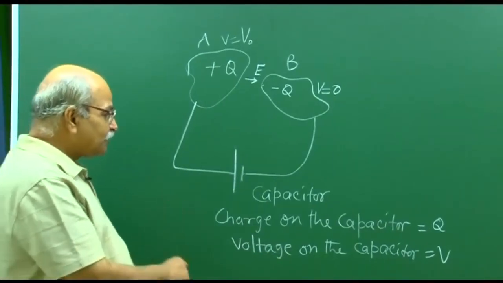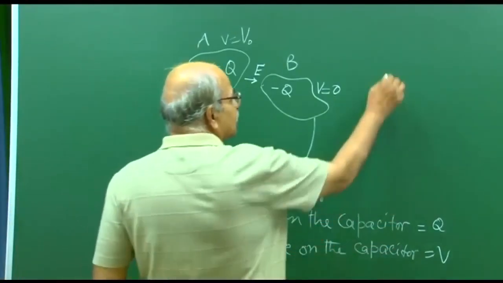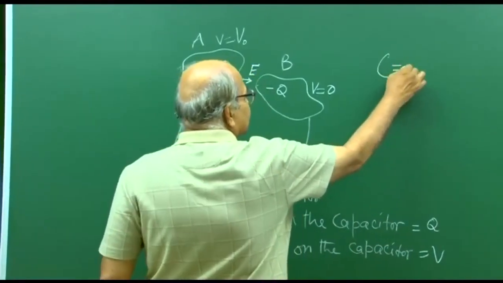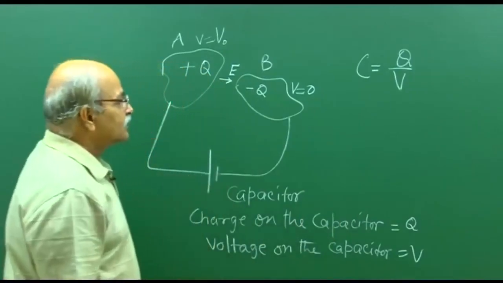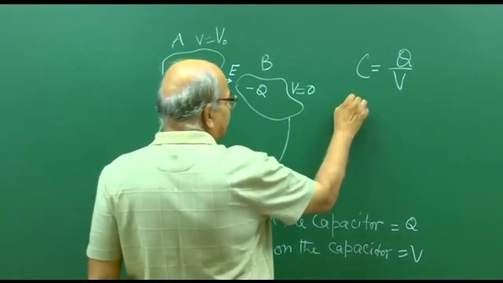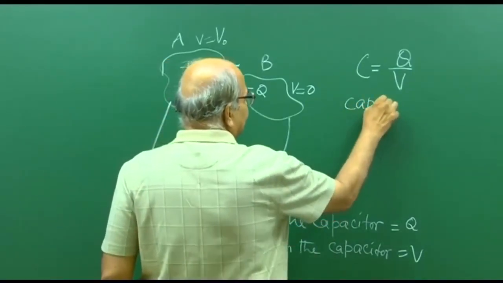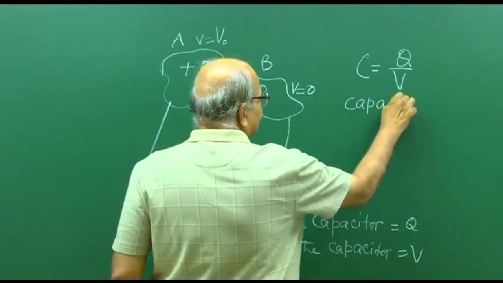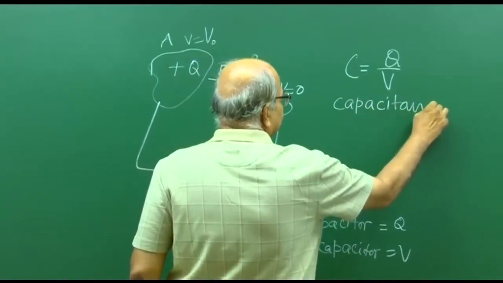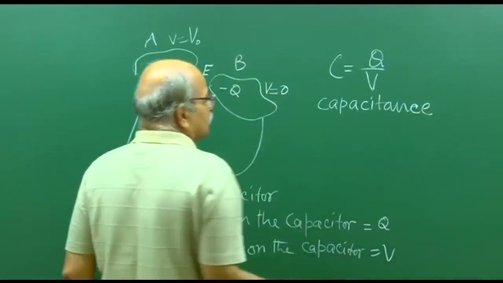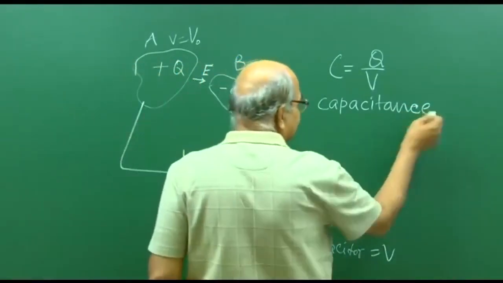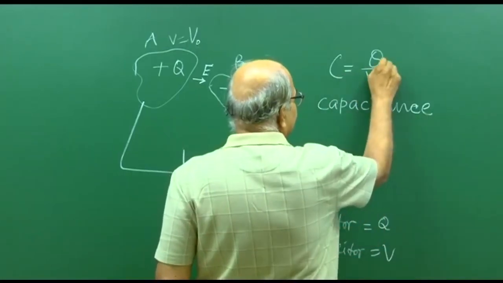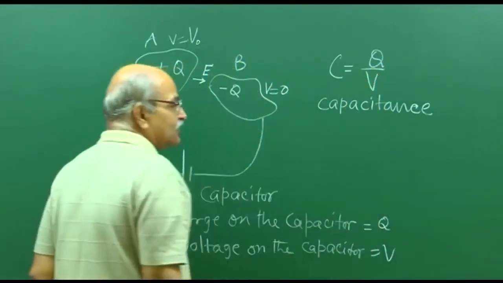And if you take the ratio C, which is this Q divided by V, that is known as capacitance, and this is the quantity which is used in all circuit analysis and all that. So capacitance, typically written as C, is this Q divided by this V.